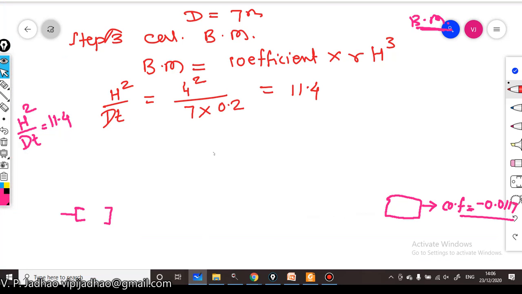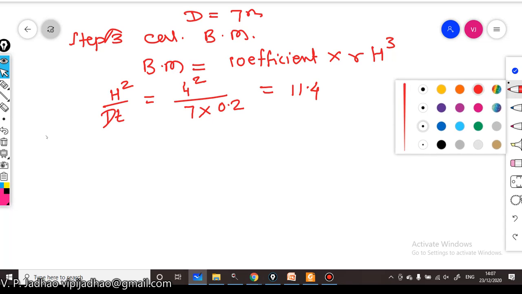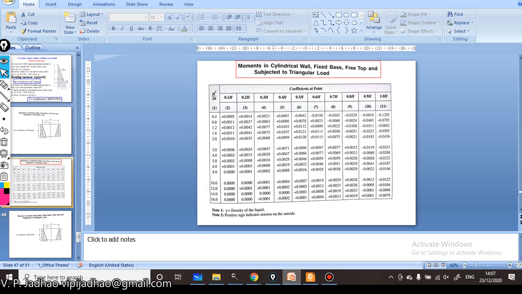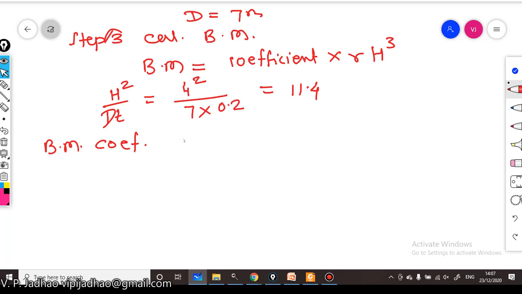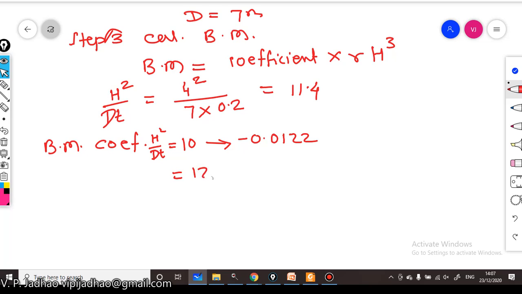So the bending moment coefficient for h square upon dt value of 10 is minus 0.0122, and for h square upon dt value of 12, it is minus 0.0104.